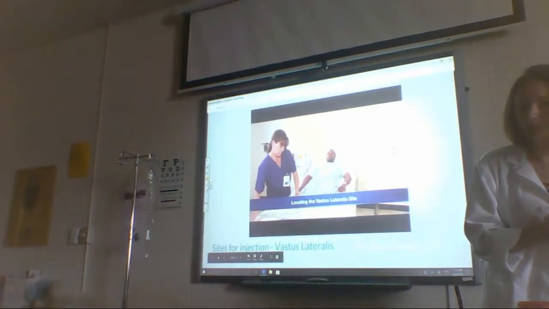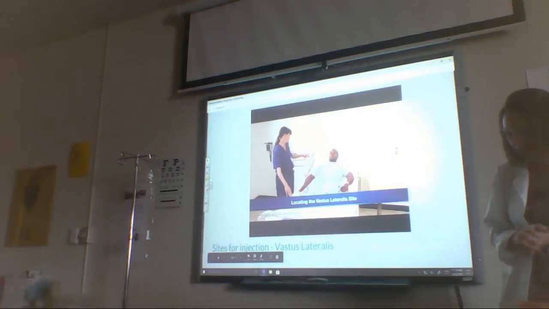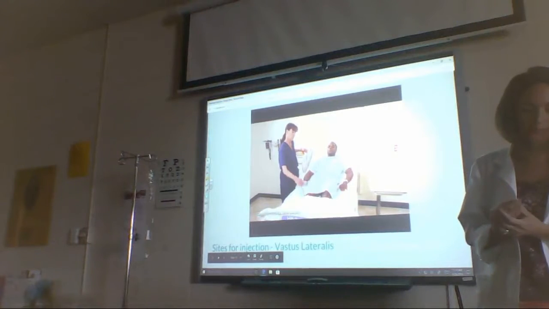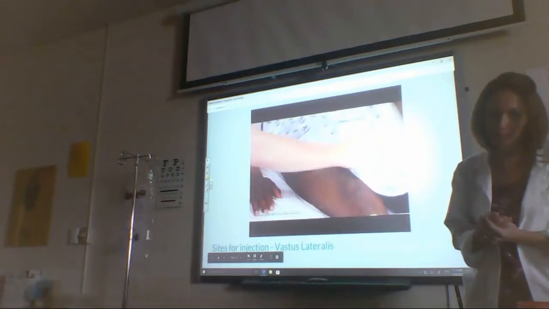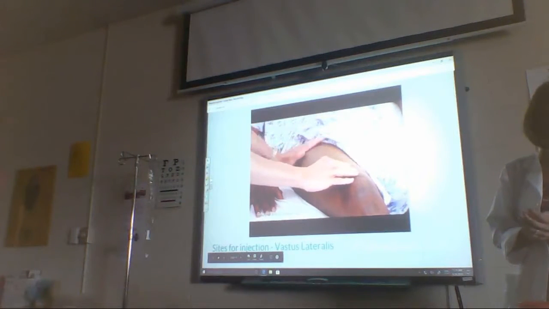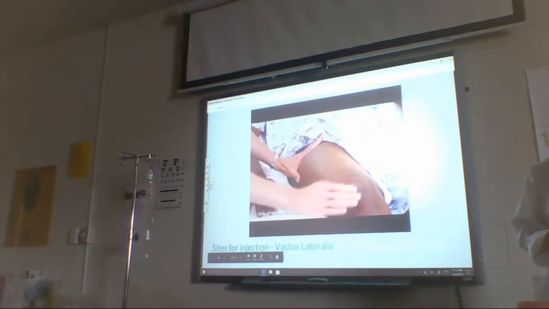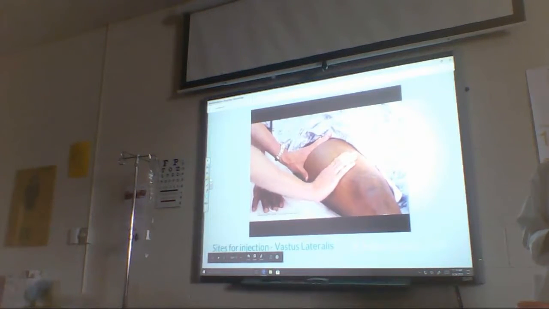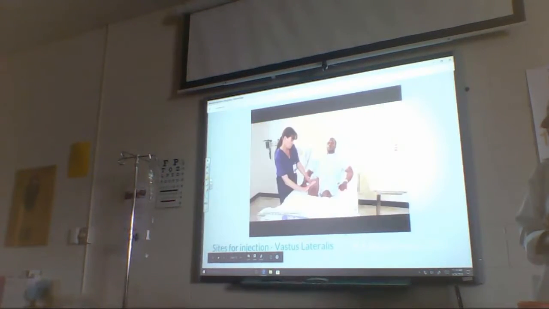When locating the vastus lateralis site for intramuscular injection, follow these steps. Position the patient lying supine or sitting. Locate the greater trochanter and the lateral femoral condyle. Place your hands on the thigh with one hand against the greater trochanter and the other edge of the hand against the lateral femoral condyle. Visualize a rectangle between your hands across the anterolateral thigh.